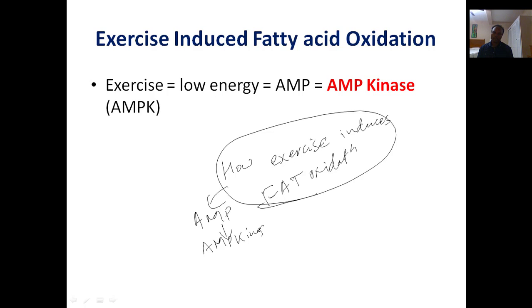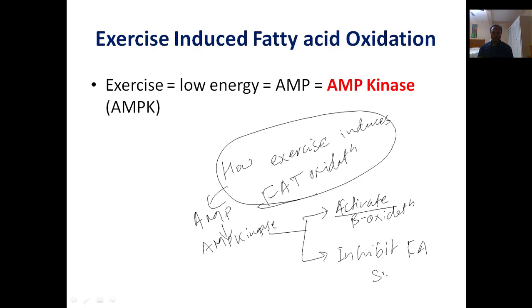and this AMP kinase is such an enzyme that it will activate beta oxidation and inhibit fatty acid synthesis. Actually, it will activate all types of catabolism. Catabolism is responsible for production of energy.